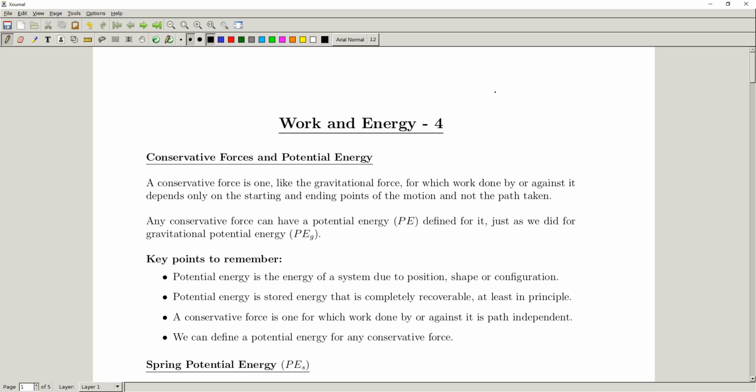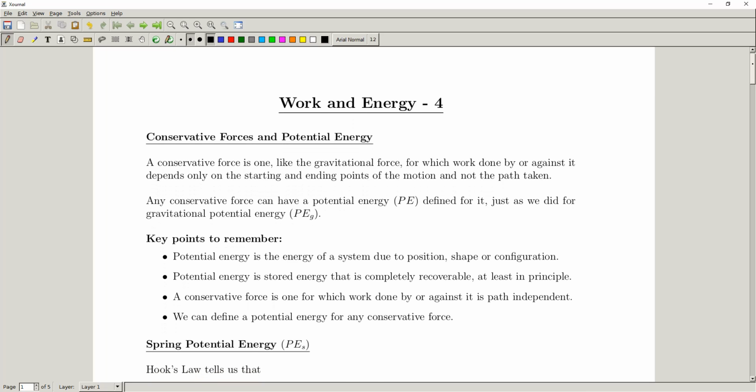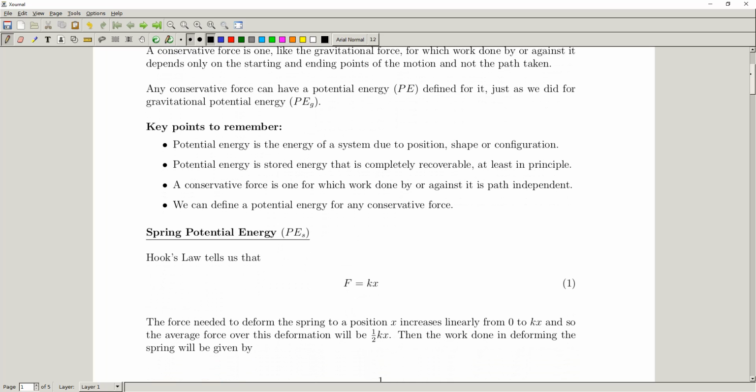Our third point is that a conservative force is one for which the work done by or against it is path independent, and we just talked about that in the case of gravity. And finally, the last point is that we can define a potential energy for any conservative force. So these are just useful points to remember about the way that potential energy and conservative forces relate to each other.